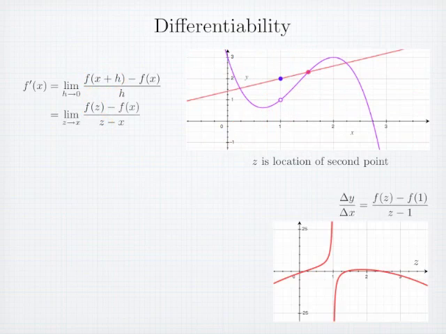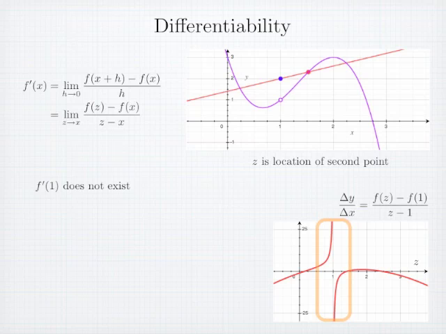If I think about what's happening to that slope, I can see that there's a variety of different possibilities. As z gets close to 1, you can see that my function of my average rate of change has no limit at z equals 1. And so we say my derivative doesn't exist.